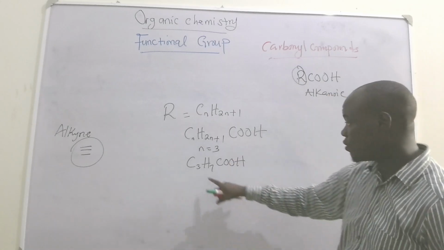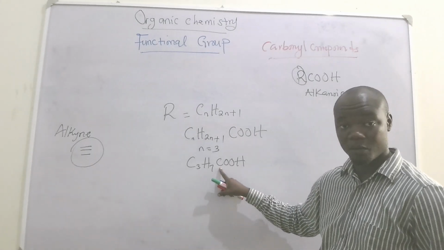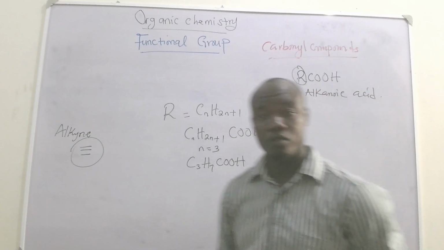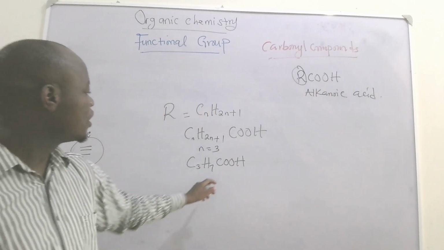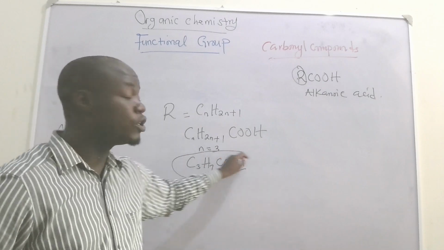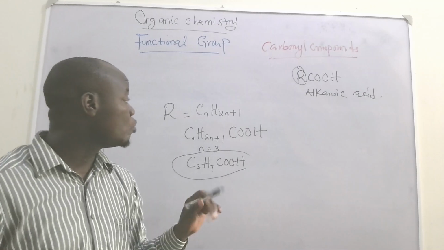In this compound we have 3 carbons here and 1 carbon here, making a total of 4 carbons. Since it is an alkanoic acid, if you are going to name this, it is going to be butanoic acid.